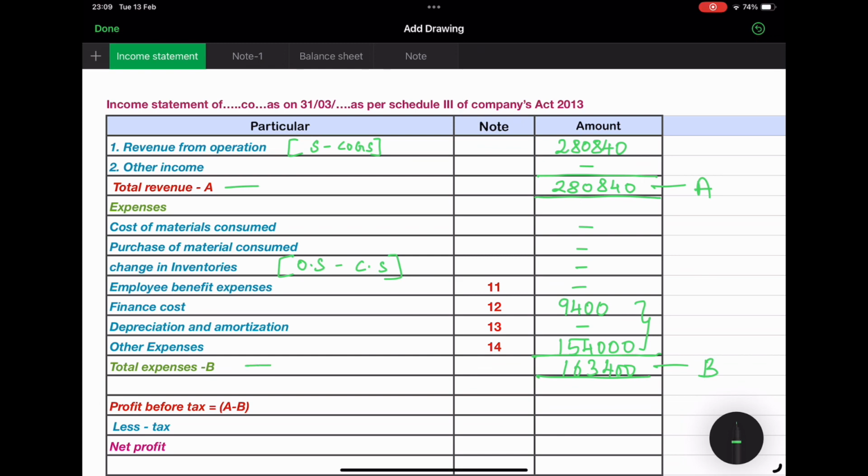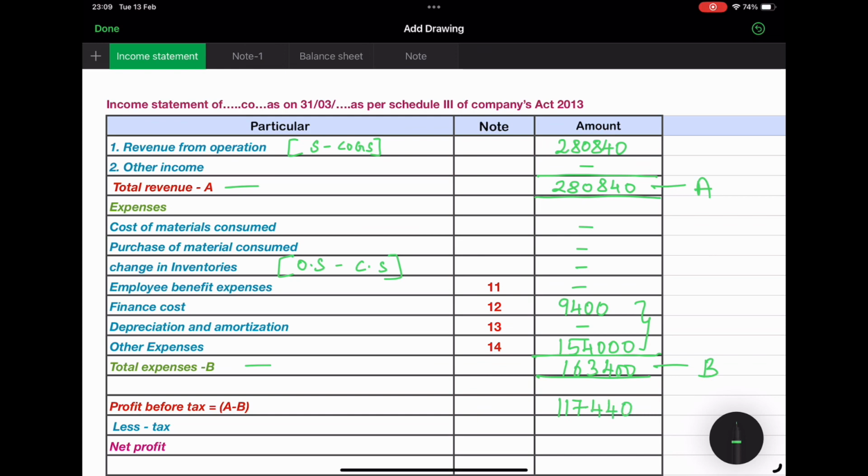So if you minus 2,80,840 minus 1,63,400, your profit before tax will be 1,17,440.